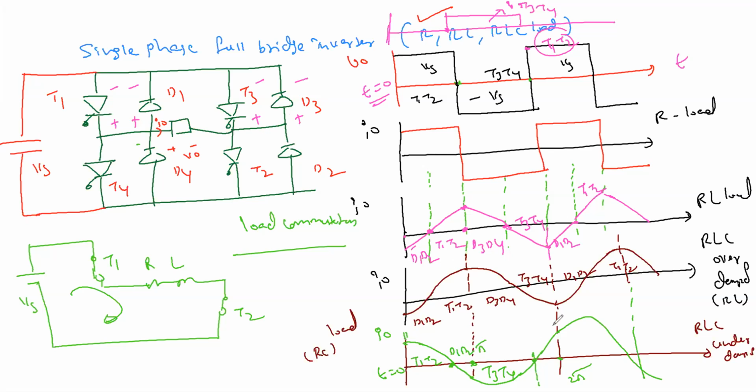So this is D3 D4, and similarly here now T1 T2 and D1 D2, like this it starts going here now.